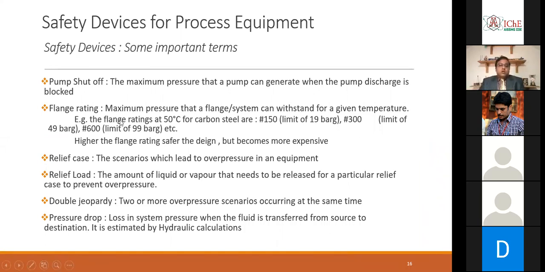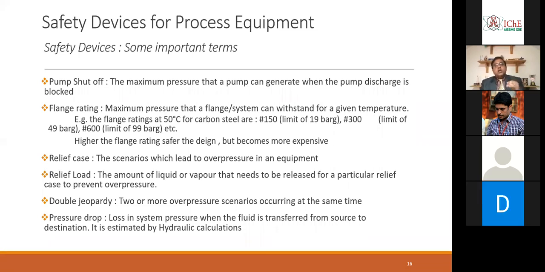Then comes a term called flange rating or pound rating. So it is generally applied to the pipes. So based on the design conditions, we select a pipe for a certain rating which it can withstand for a given temperature. So generally pipe flange ratings are classified as 150, 300, 600, 900, etc. So what does that mean?